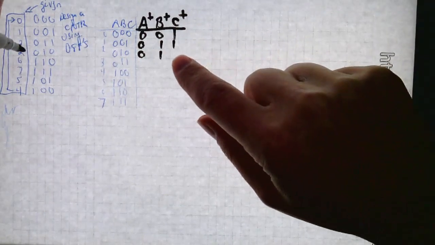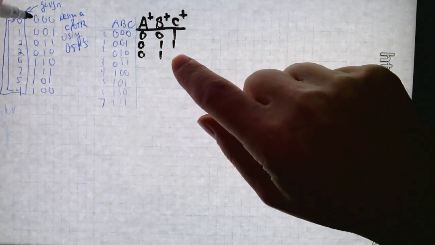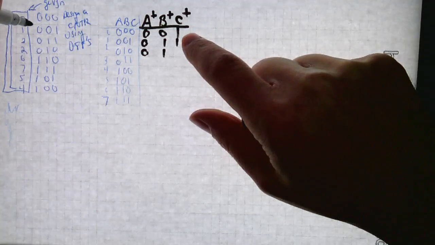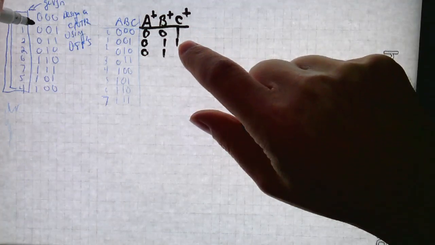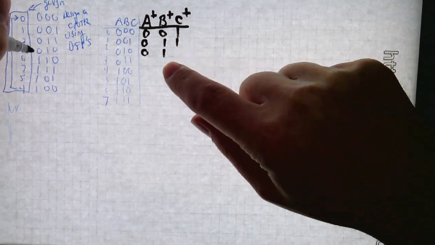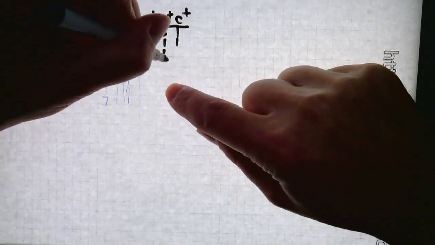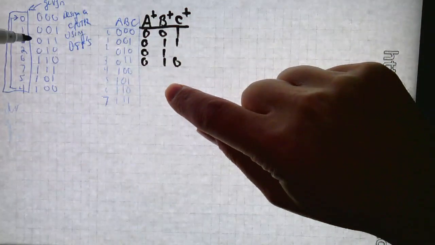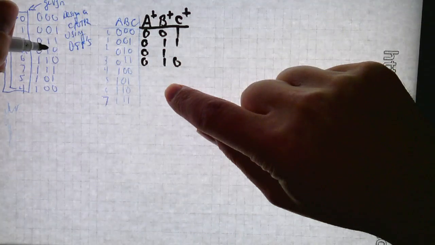From 2, we're supposed to go, what's going on? 0 goes to 1. 1 goes to 3. 3 goes to 2. 2 goes to 2?